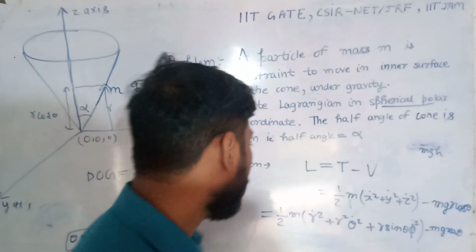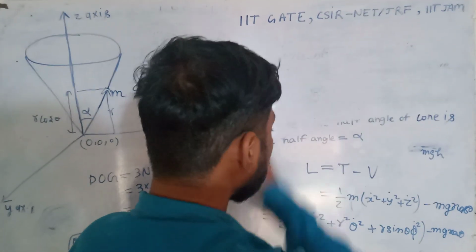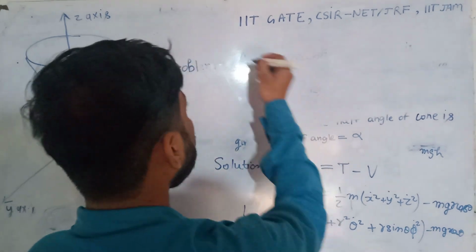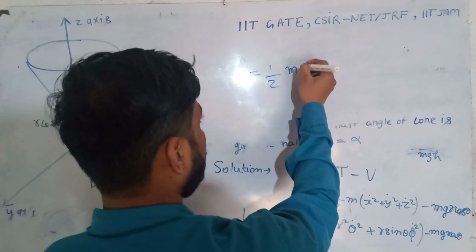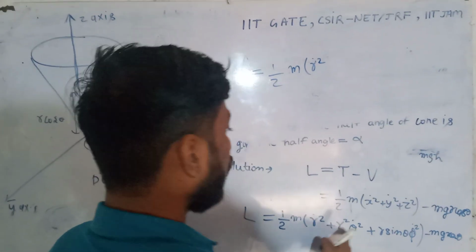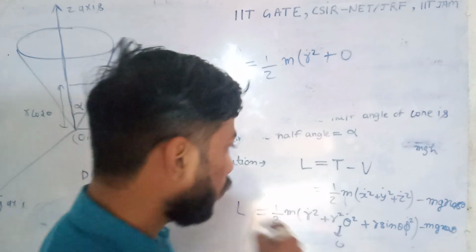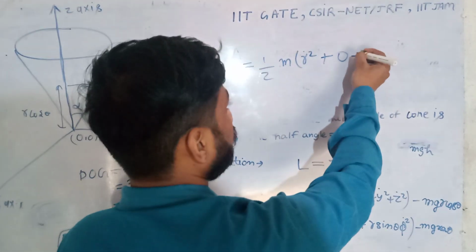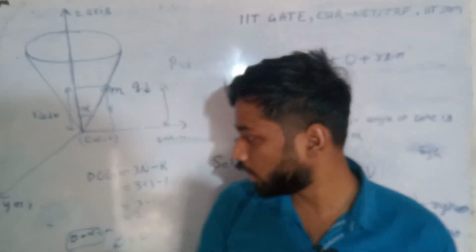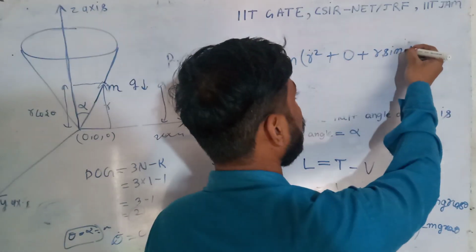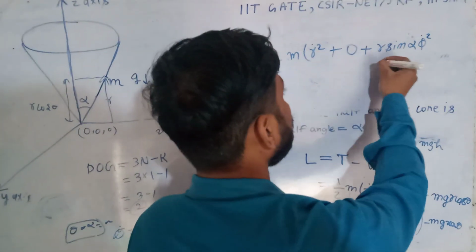By putting theta dot equal to 0, I will get 1/2 m r dot squared, the theta dot term becomes 0, and the last term becomes r squared sin squared alpha phi dot squared, minus mg r cos alpha, where you put theta equal to alpha.